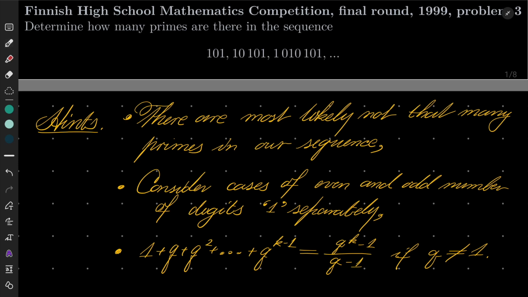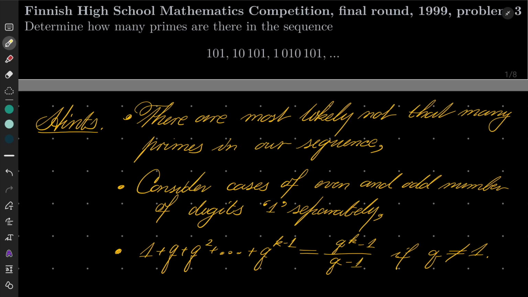My hints for this problem: since it was given on Mathematical Olympiad, there are probably not that many primes in our sequence, because showing that something is a prime is a hard task usually, not easily done by hand calculation. Second, it's a good idea to consider cases of an even and odd number of digits 1 separately.